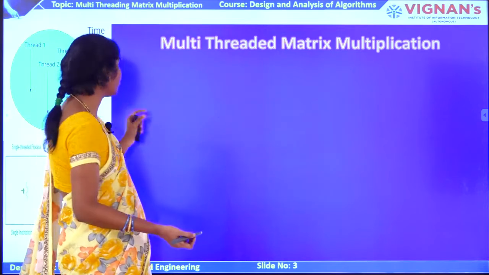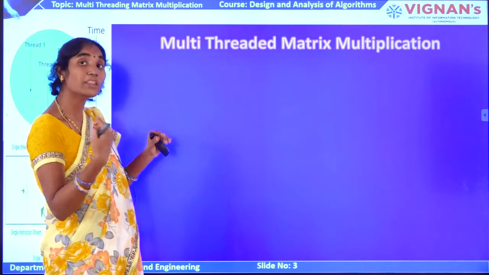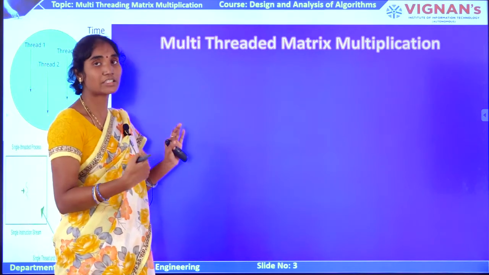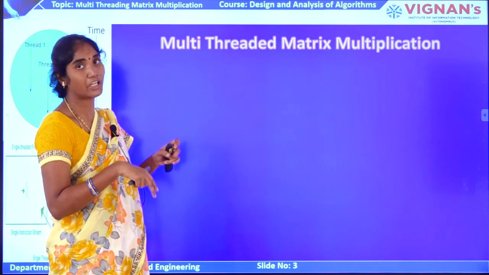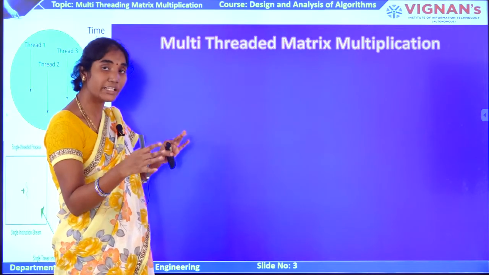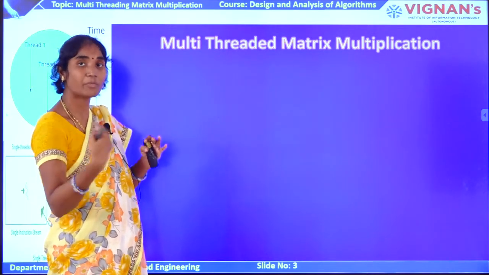Now I want to decrease this time complexity with the help of the multi-threading concept. I want to inculcate multi-threading within the matrix multiplication, so that I achieve some decrease in the time complexity from the previous one.